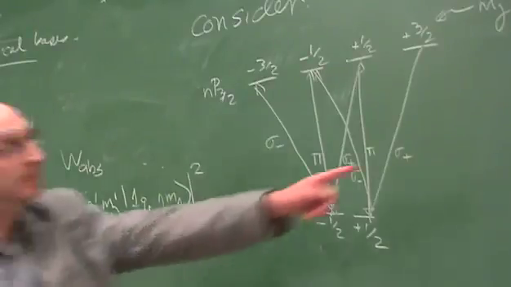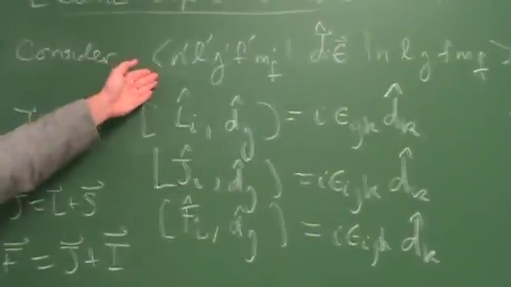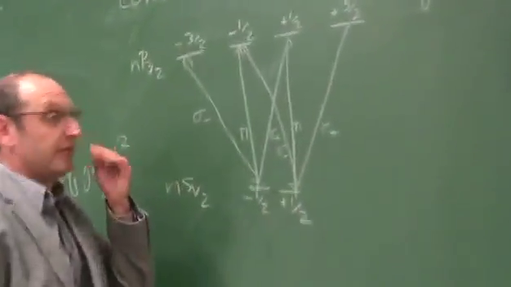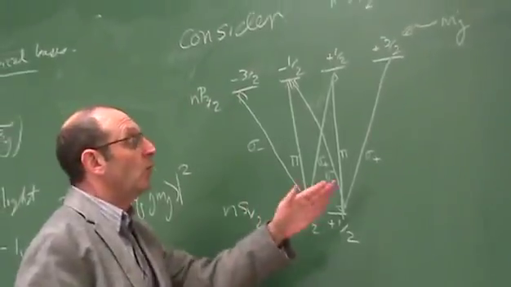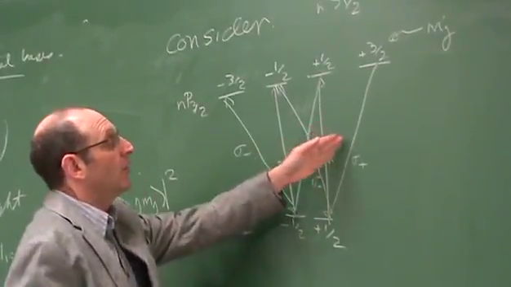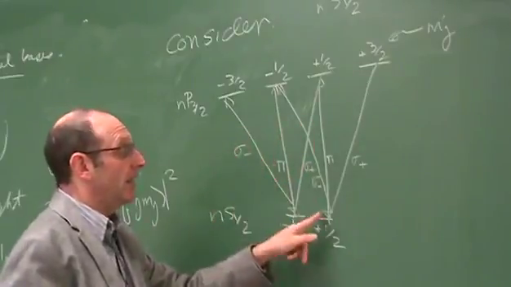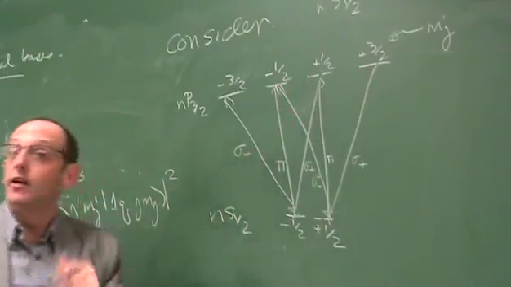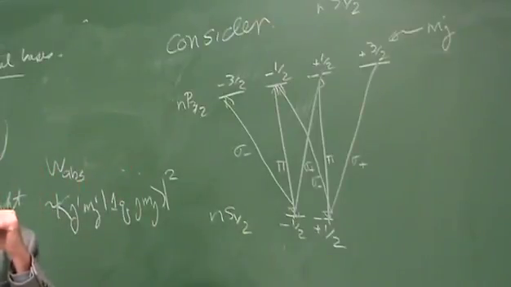Because that's what this says. So the rate of absorption for the same amount of intensity will have different relative strengths depending on the Clebsch-Gordan coefficient squared associated with the different transitions.